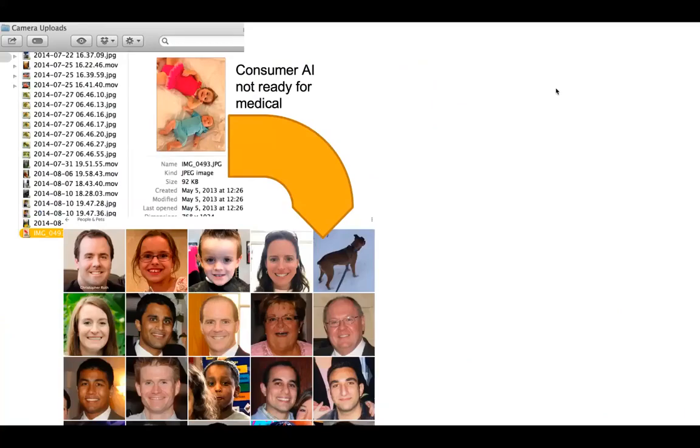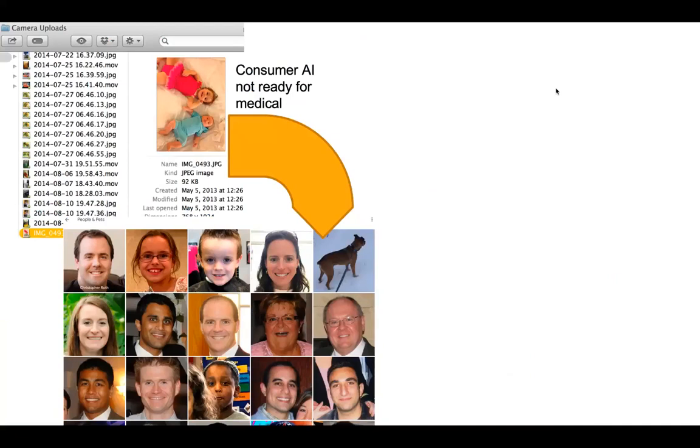So this is not a problem that is unique to medicine. And just for a quick example, all of us today capture images on our phones and personal devices. Back a long time ago, we just captured them and there was very little metadata associated with them: name, size, when it was created, modified.